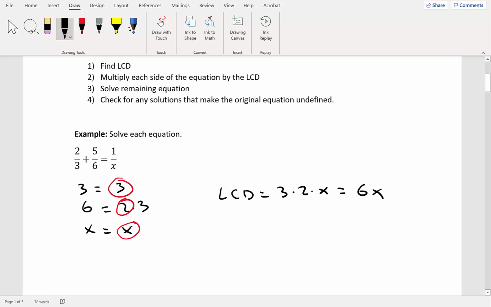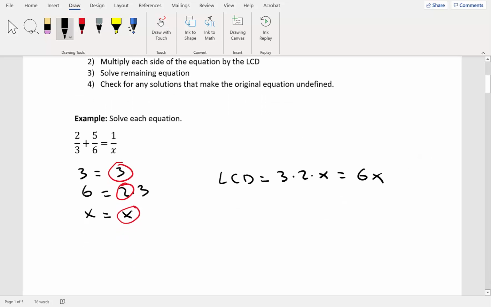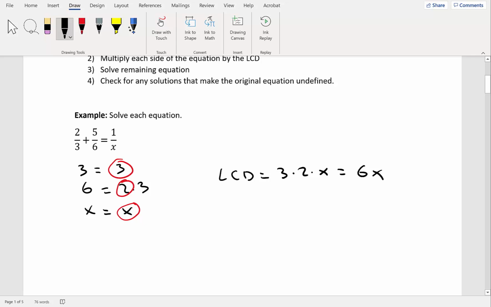Now we're going to multiply each side of the equation by the LCD. Now when you multiply each side of the equation by the LCD, it's essentially the same as just multiplying each term by the LCD. So let's go ahead and multiply each term by the LCD.